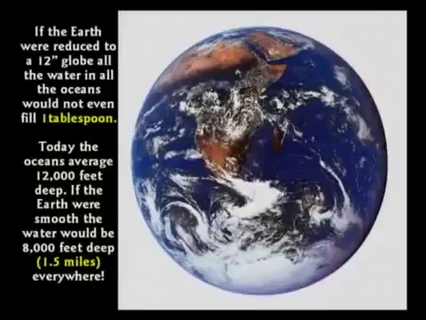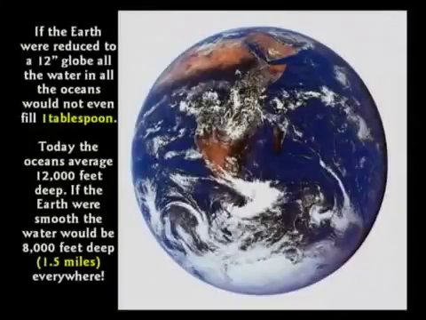If the earth were reduced to a 12-inch globe like this one, all the waters in the oceans would not even fill 1 tablespoon. I figured it out, the data here. Today, the oceans average 12,000 feet deep. If the earth were smooth, water would be 8,000 feet deep, 1.5 miles everywhere. The average height of the land, and here we are 60 feet above sea level, right where I think my house is, maybe 60 or 70 or 80 feet above sea level in Pensacola.